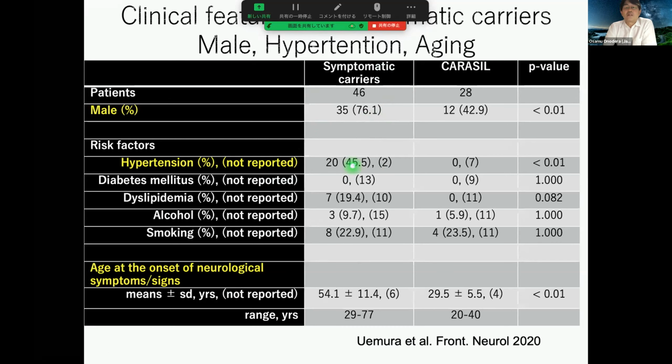The symptomatic carriers tend to have the risk factor of hypertension, about 50%. Also, age at onset is relatively elderly, about 54 on average, compared to the 30s in CARASIL. Therefore, they show male predominance, tend to have hypertension, and have a more elderly onset.